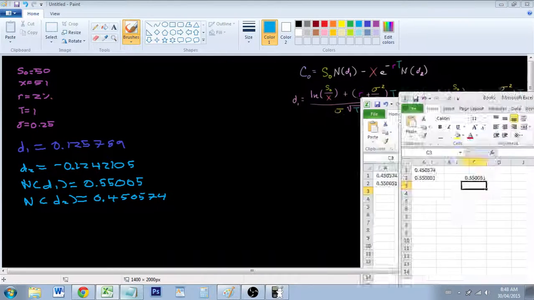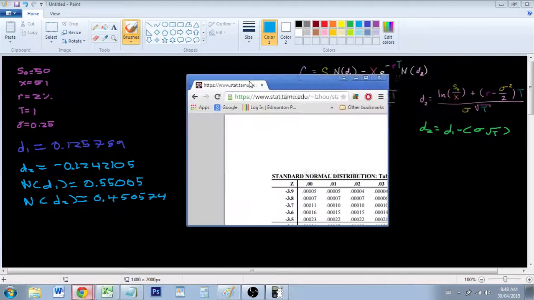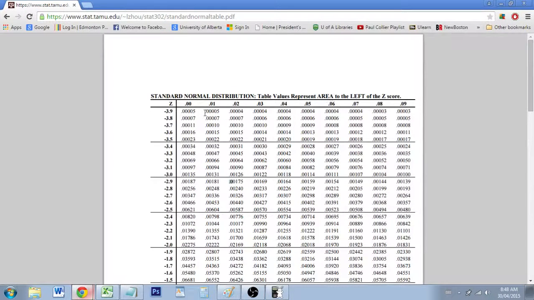The third way to do it that professors often ask you to do is using a standard normal chart. All you have to do is find the number you're looking for.